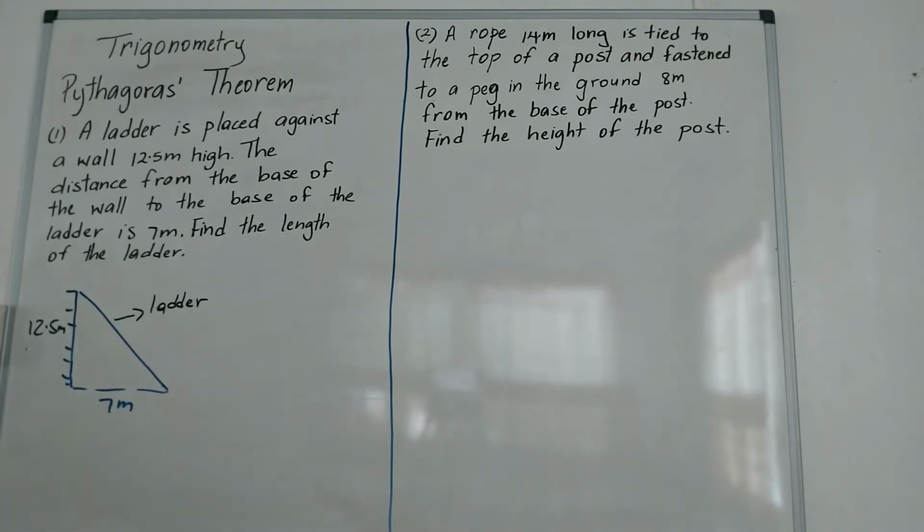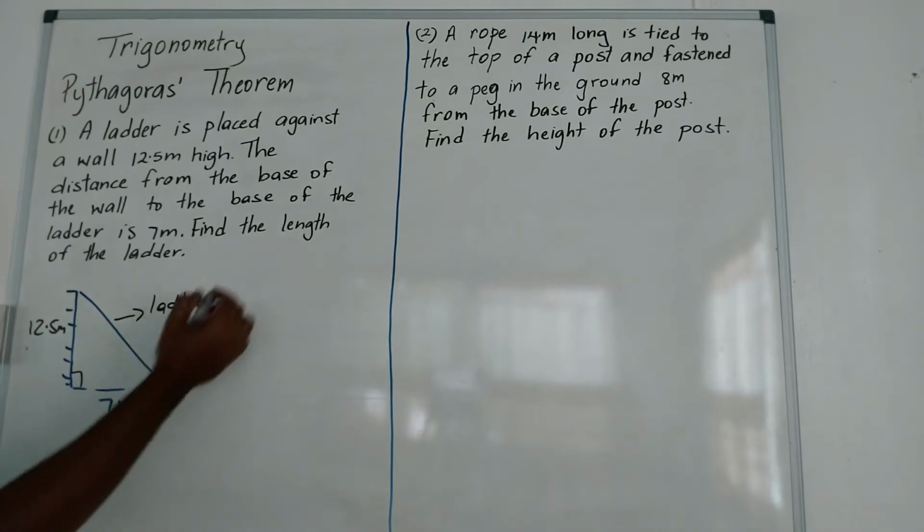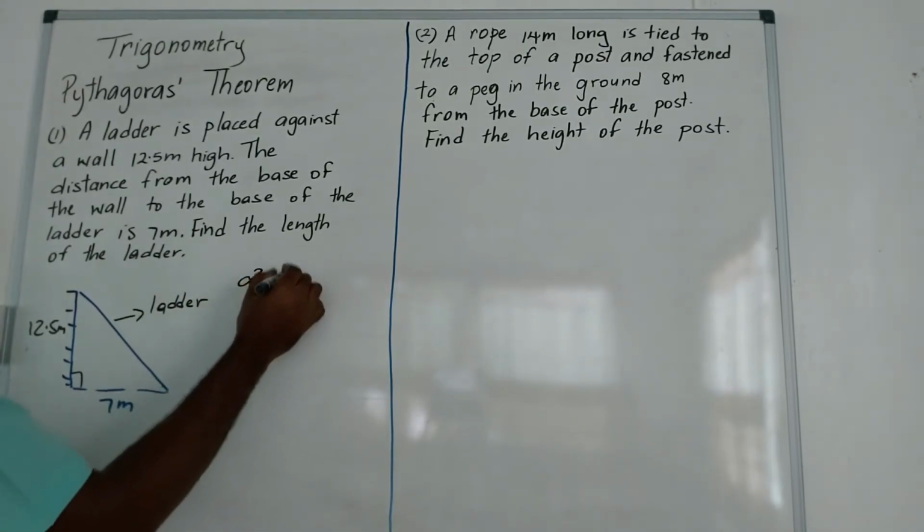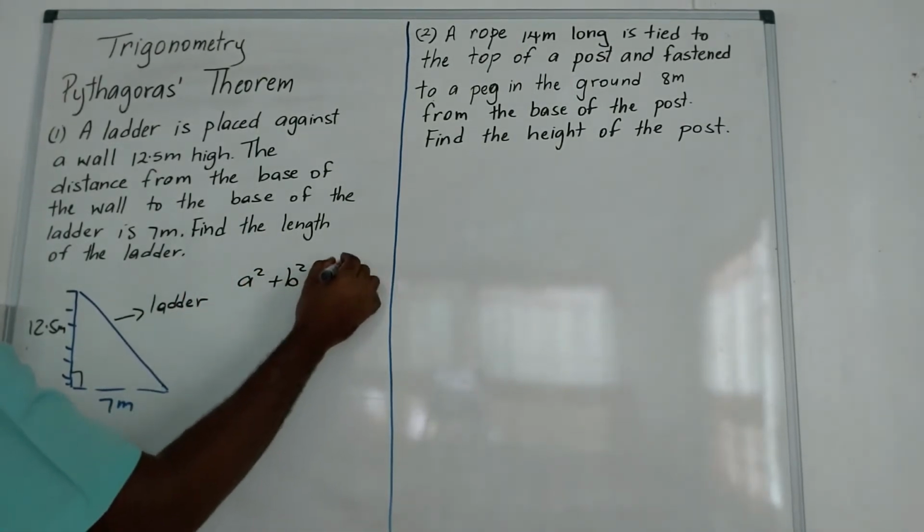Notice that what is formed here is a right angle triangle, with this being our right angle and our ladder forming our hypotenuse. So here we can apply Pythagoras' theorem: a squared plus b squared is equal to c squared.